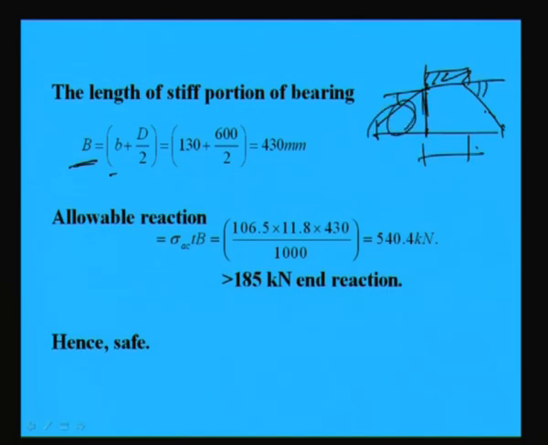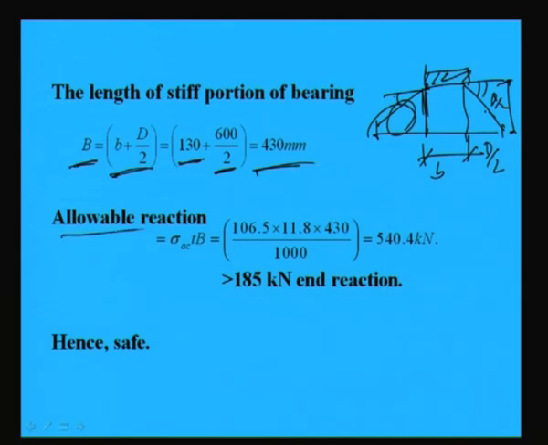So this is B, and this is D by 2 because of the 45 degree angle. B is given 130 and D is given 600, so we can find out 430 mm.